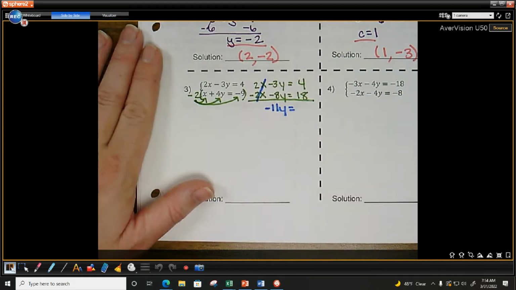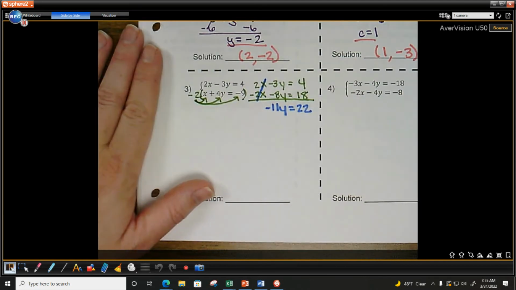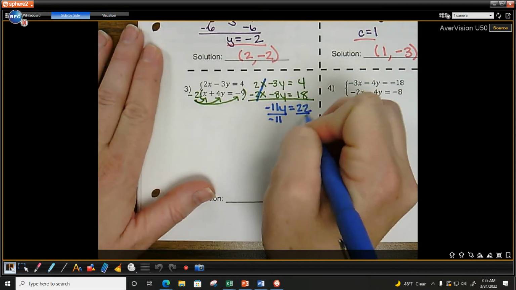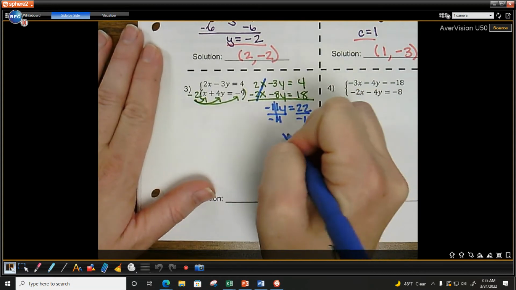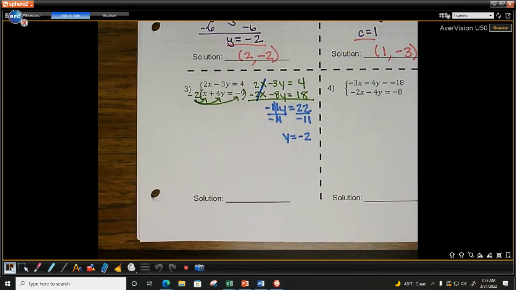What's 4 plus 18? 22. Again, how do I know I'm adding them? They're both positive. Okay? Now I need y by itself. What do I do? Divide both sides by negative 11. So I get y equals negative 2. Thank you. Okay, so I found y.